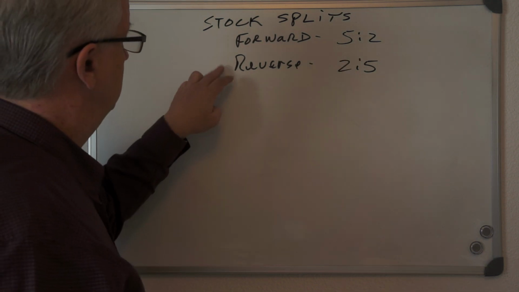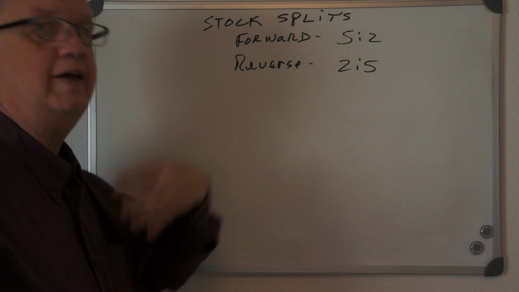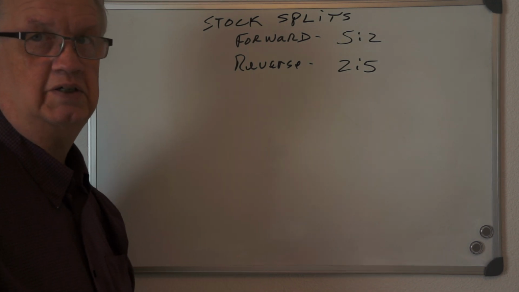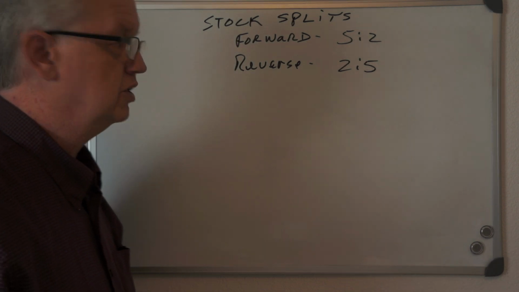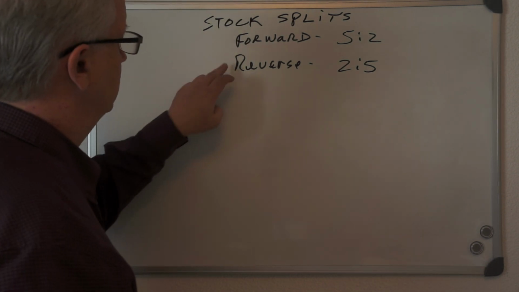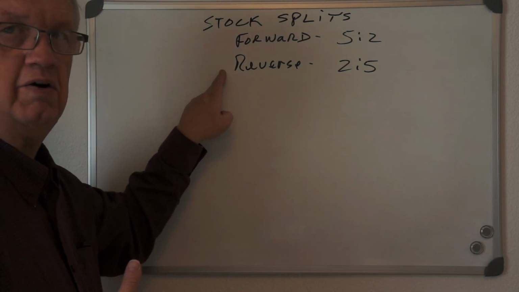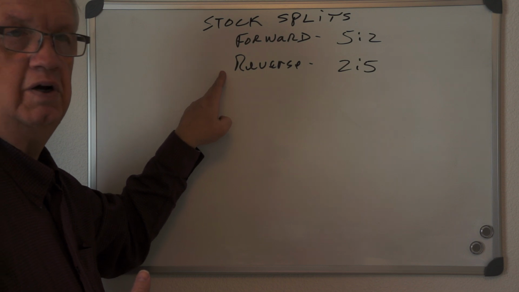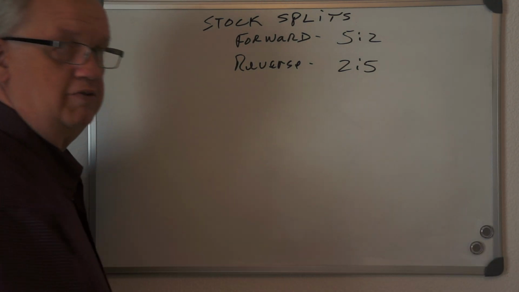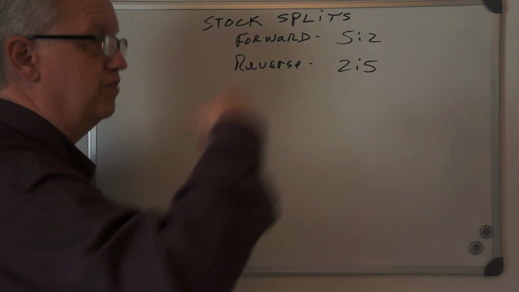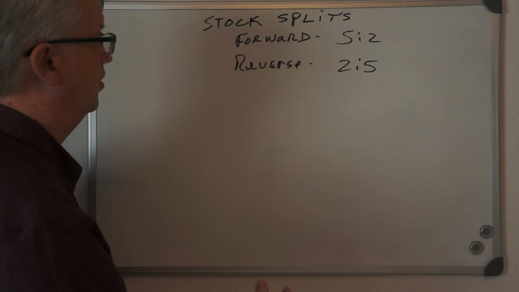So here, in the reverse split, they're trying to increase the price in the marketplace. They're going to flood more shares here, but they're going to take away shares here in the reverse. So you just turn in your shares and you get a new certificate with fewer shares, but the dollar value in the marketplace is going to be much higher.